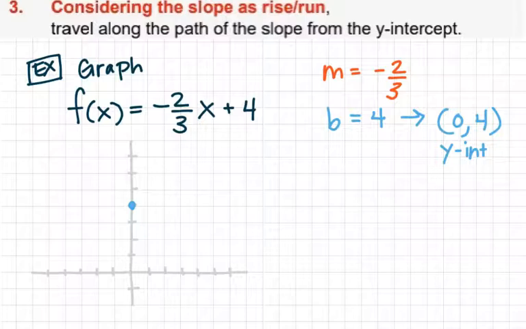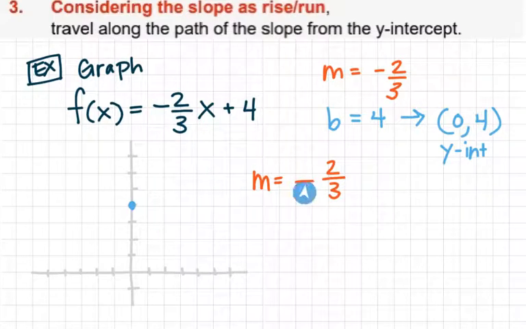Now, slope is rise over run, and we have two ways we can consider this. Here we have m equal to negative 2/3. Technically that negative is in the front. I have a tendency to make my negatives look like they belong with the numerator, but technically it's in the front. My question to you is, how many negatives do we have here? Are both the 2 and the 3 negative?